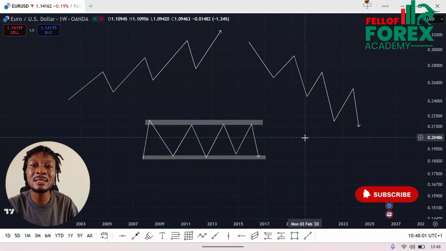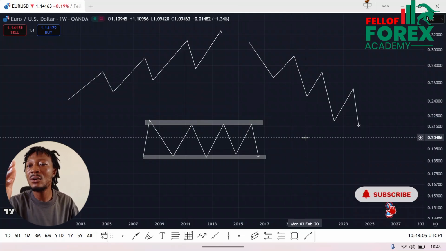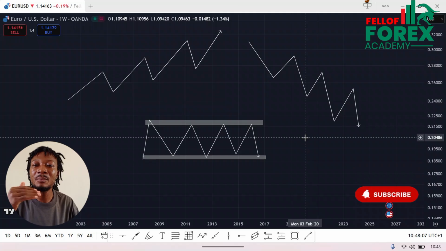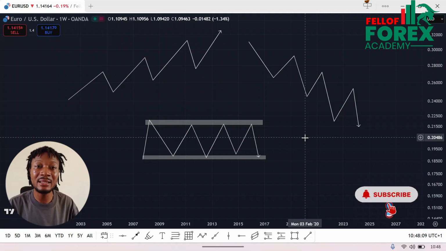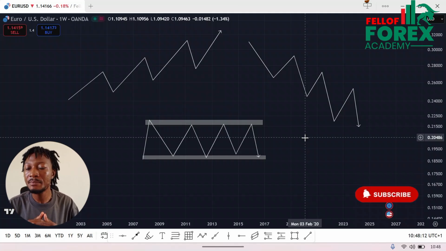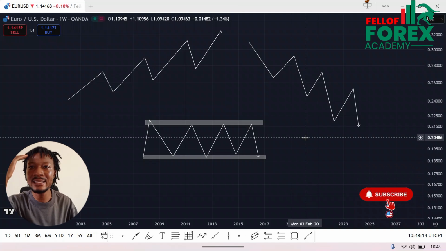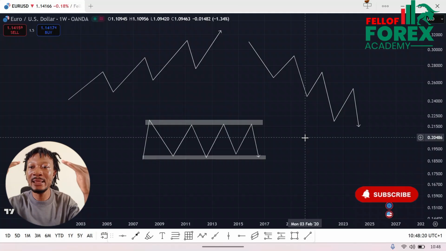In the video I spoke about trend types, I also break down all these things. I said the support level is more like the floor, while the resistance level is like the ceiling of a building. Consider yourself in a room and the floor is the support, while the ceiling is the resistance level.